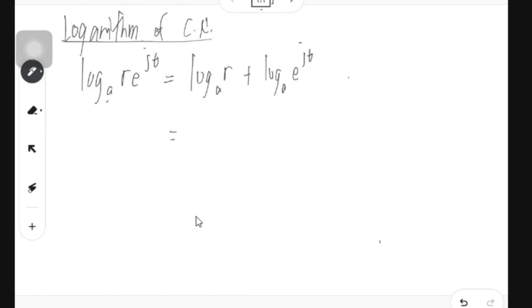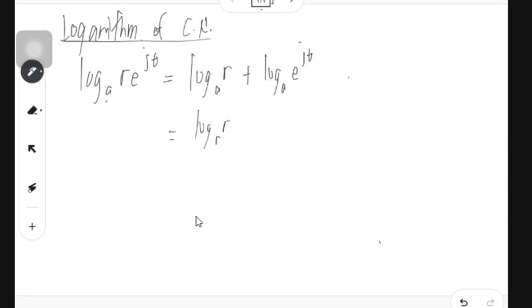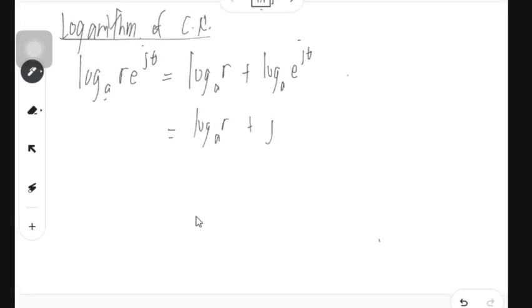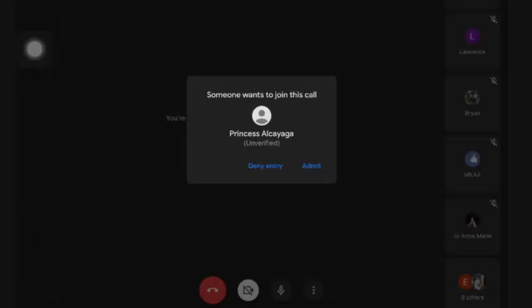Next, for the logarithm of r to the base a, we can apply the third property on logarithm, that is j theta times the logarithm of e to the base a. Then the logarithm of r, using a calculator, can be evaluated. The logarithm of e to the base a can also be evaluated. It has a value. So the result is also a complex quantity in rectangular form.